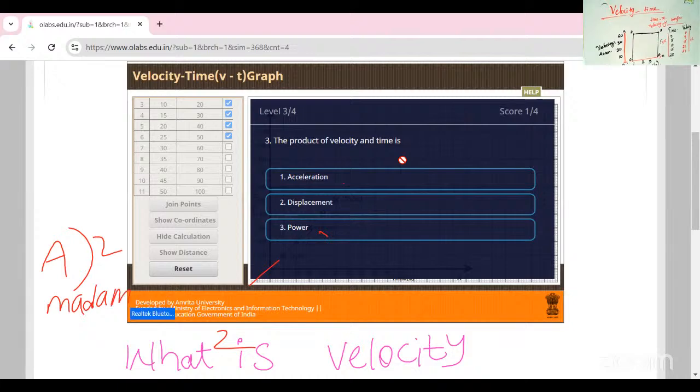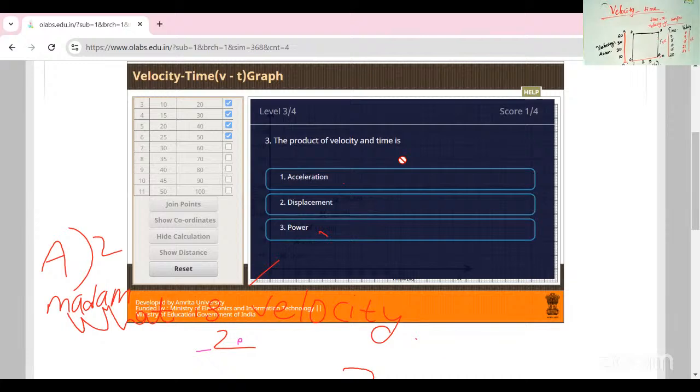What is velocity? Yes, good. Velocity is the rate of change of displacement. I already explained that in the last session. Velocity is nothing but the rate of change of displacement.